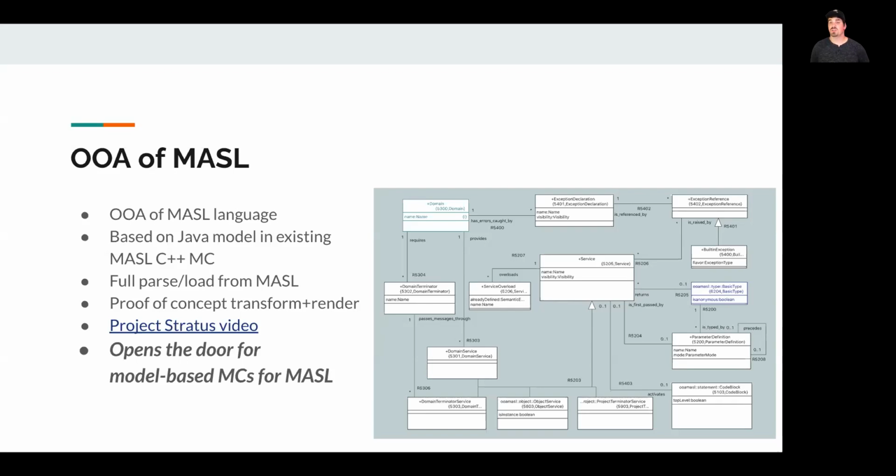This project is just ripe to build model-based model compilers for Mazel. The only thing that is missing is target-specific models and transformation functions. This is a huge opportunity for those who want to get into model-based model compiling.